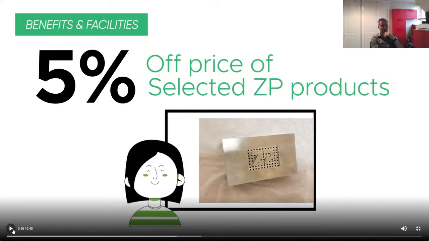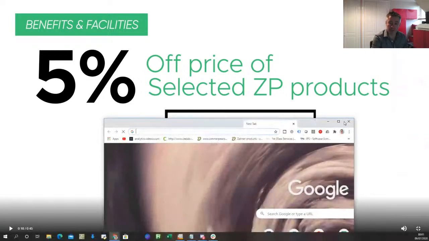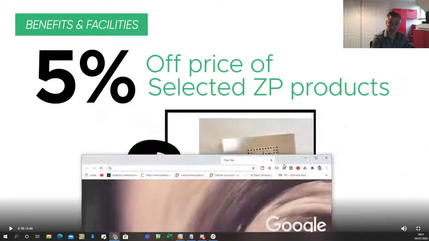The other part of being part of this developers zone is you'll also be able to have a 5% discount off our product. I might just go to our website very quickly, the Zimmer & Peacock website.